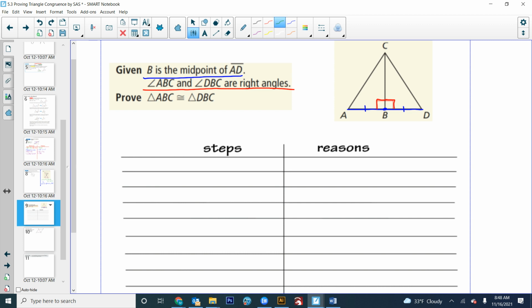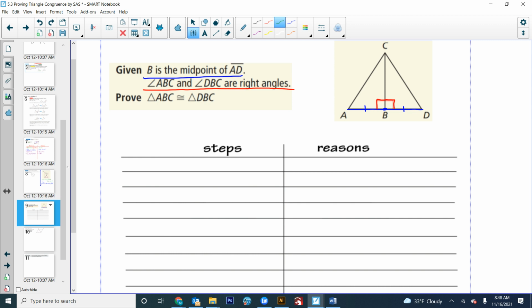Now, I don't think it's that complicated, but if they're like this, it will be AC congruent to AC. They're in the same order because they're just a reflection of one another. If they're like this, it's going to be AC and then CA. So, pinky to pinky, pinky to palm. All right, reversed.